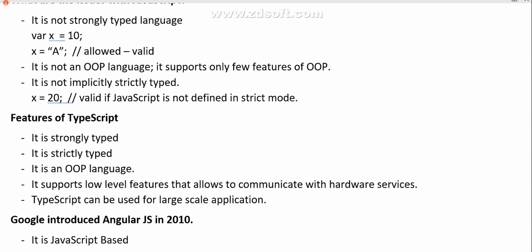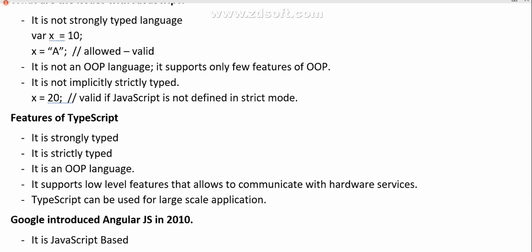But the problem is AngularJS is completely JavaScript based and it has a lot of issues. So to overcome those issues, the Google Angular team thought of designing a completely new technology, a new framework, which can overcome the issues. And they decided to design a language also newly.